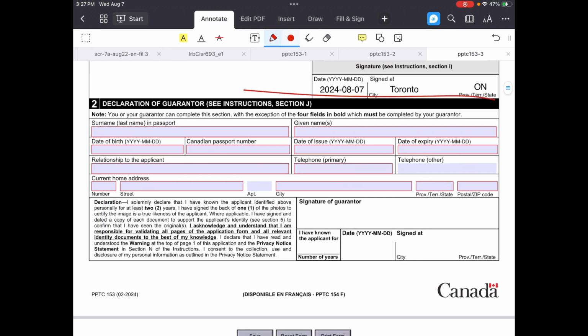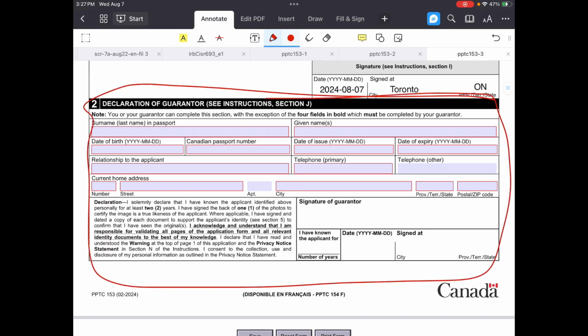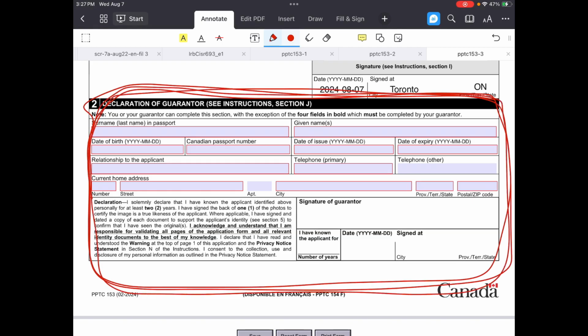section number 2. This section is for your guarantor's information. So this is all about your guarantor's information and not about your information. Your guarantor can be your family member, it can be a person you've known for quite some time, or it can be a friend.